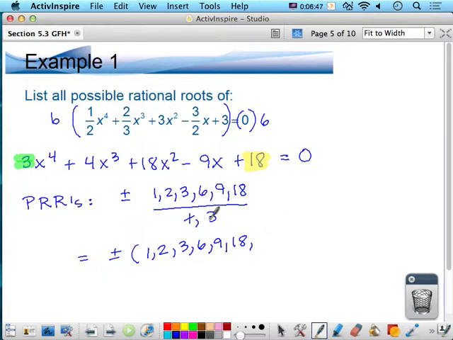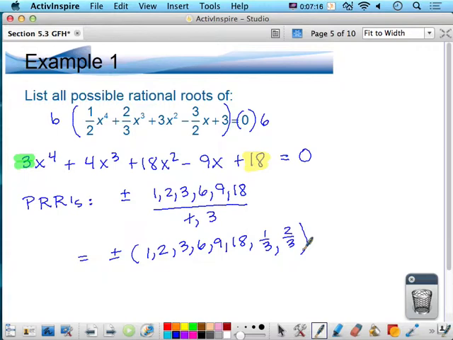So 1 divided by 3 is 1/3. 2 divided by 3 is 2/3. 6 divided by 3 is 2, but that's already been listed, so we don't have to list it twice. 9 divided by 3 is 3, and that was listed previously as well. And 18 divided by 3 is 6, which has also been listed. So it turns out that those are all of our possibilities.